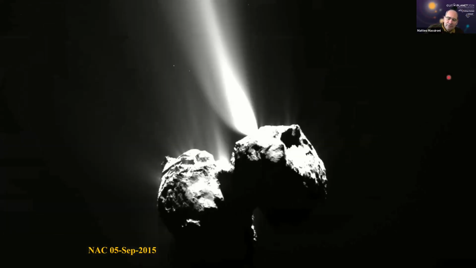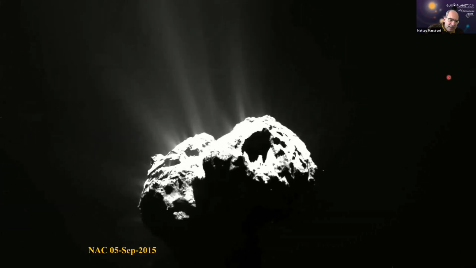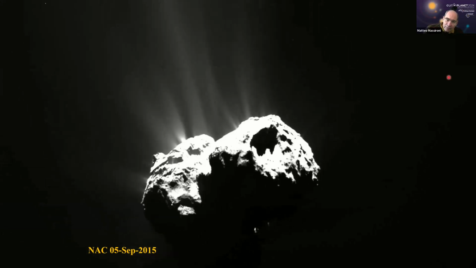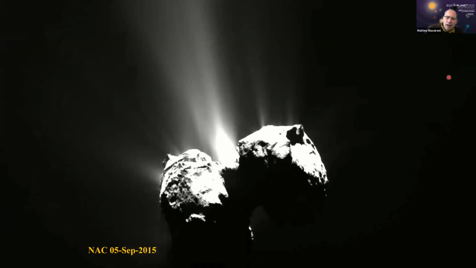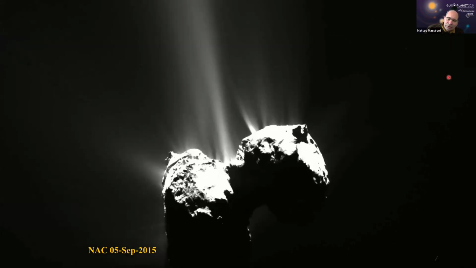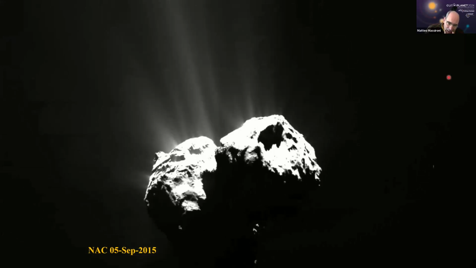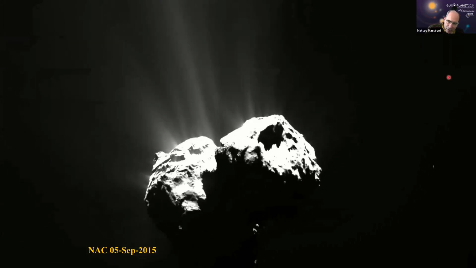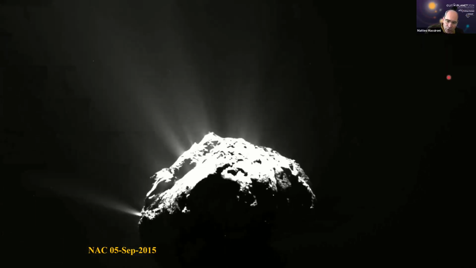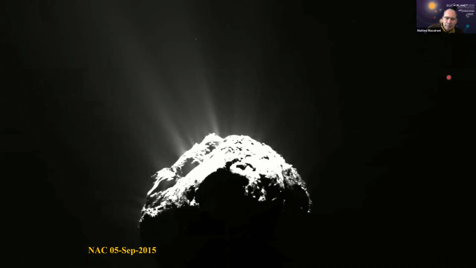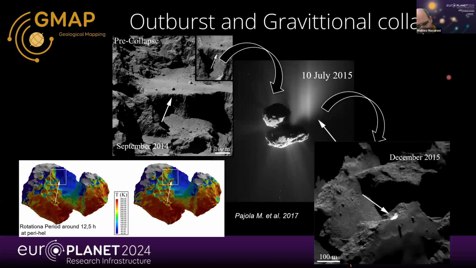So going closer to the sun, we were able to see that the comet was sublimating everywhere. And we have a beautiful example of focused sublimation, which are called outbursts. The outbursts are formed by several processes, but for sure we were able to see one of them, and that was described by Maurizio in 2017.